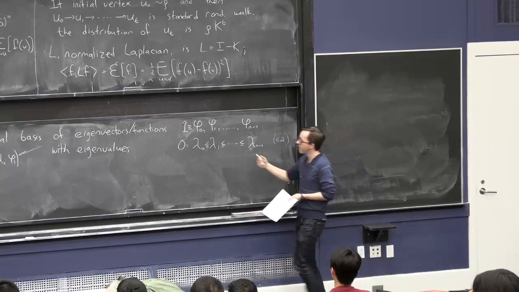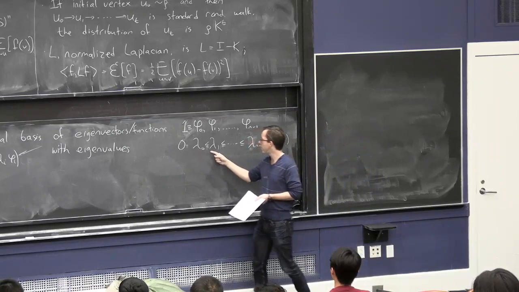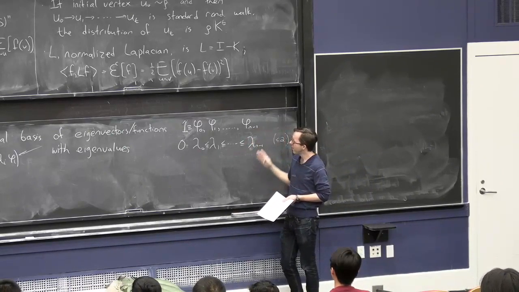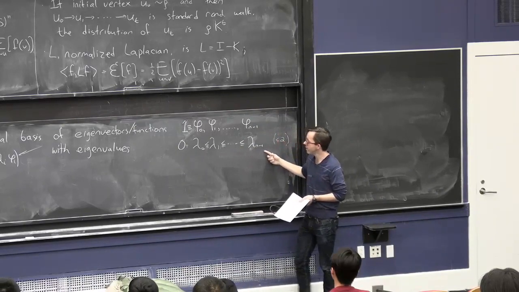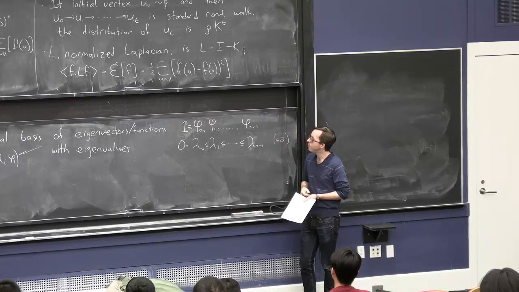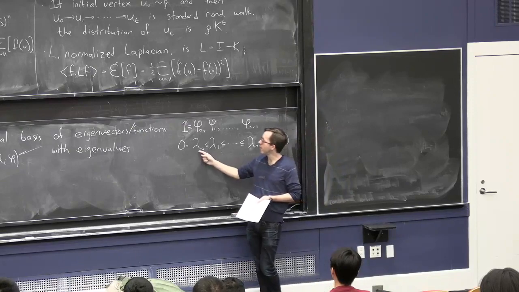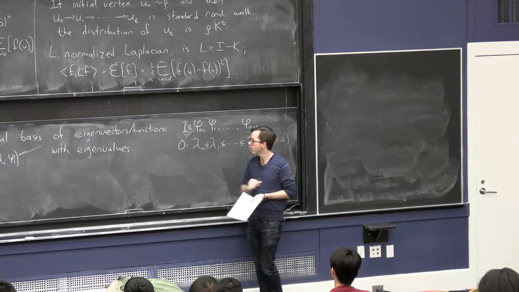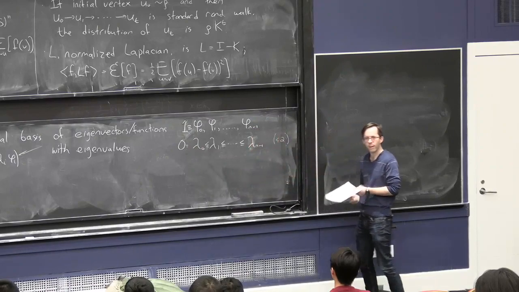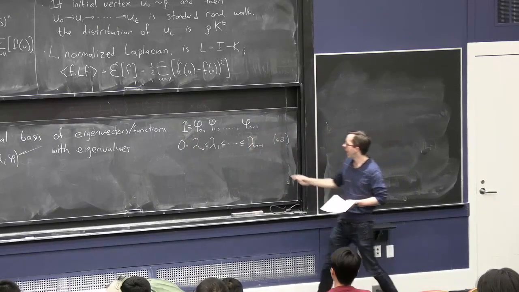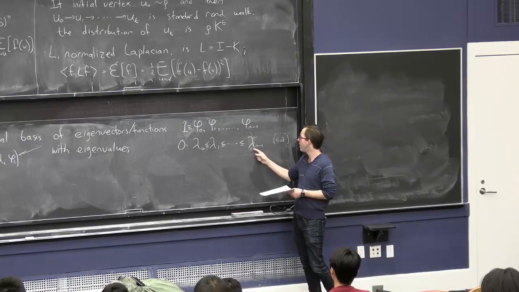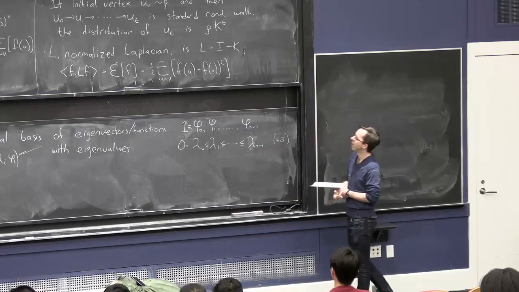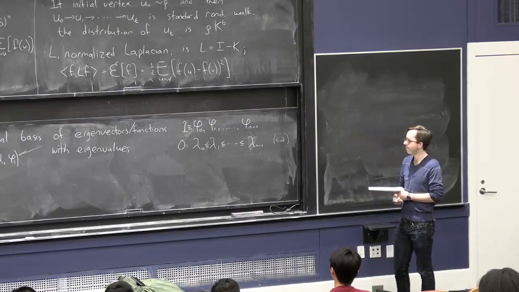They have associated eigenvalues, lambda 0, lambda 1, up to lambda n minus 1, ordered by magnitude. We verified that the lowest eigenvalue, corresponding to the all ones vector, is 0. So this is another nice property: all the eigenvalues of L are non-negative. And we saw before the largest eigenvalue is at most 2, and it equals 2 if the graph is bipartite.